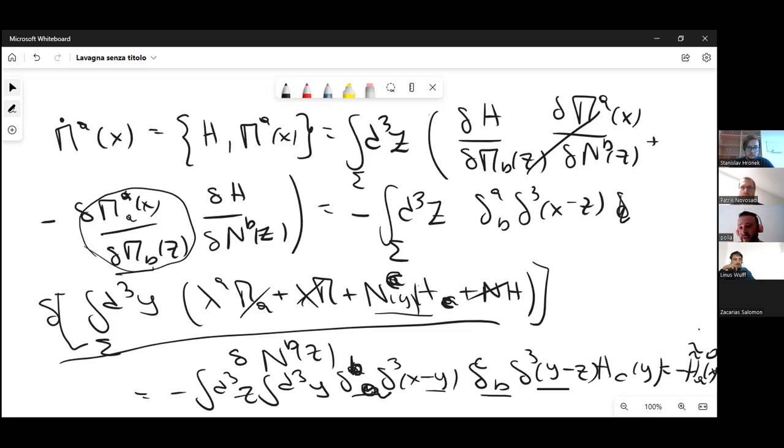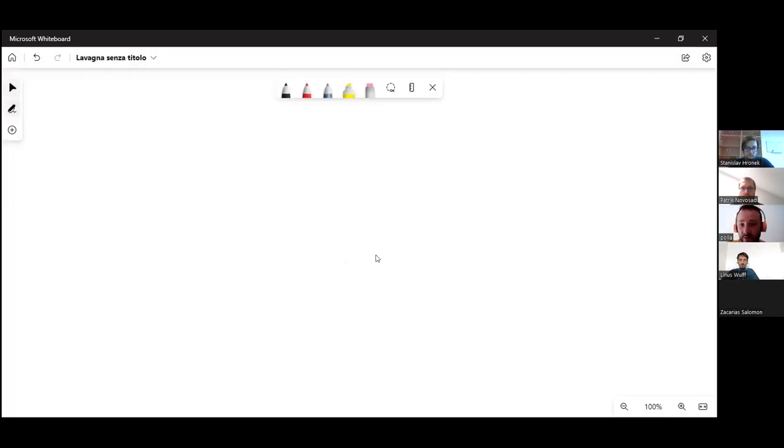Okay, so we got a secondary constraint, and we go on to find what the other secondary constraints are. And of course, the other condition that we have to impose is that not only the consistency on pi^a has to be applied, but also the consistency on pi itself, the momentum conjugated to the lapse function N. And if we do the same thing here, we have that pi prime at x is just given by minus H of x.